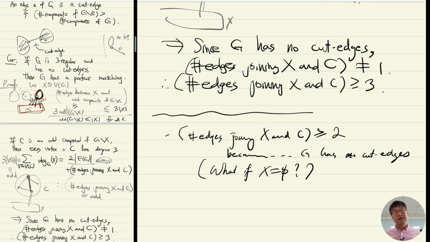C could be everything potentially, and so far we didn't exclude it, so we have to be careful in particular for the case when X is empty.